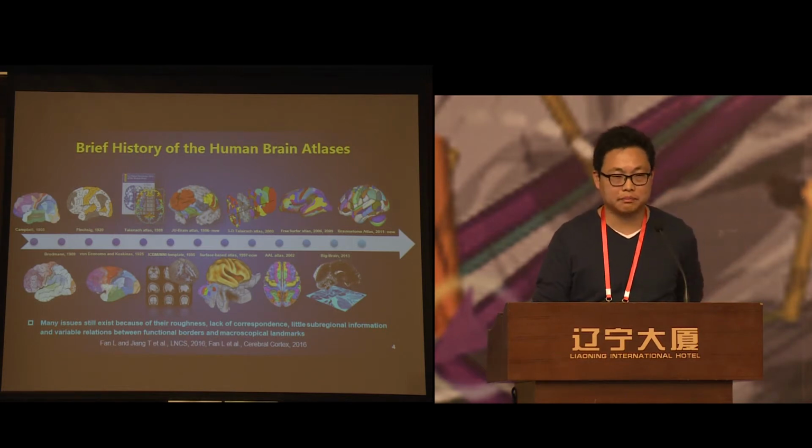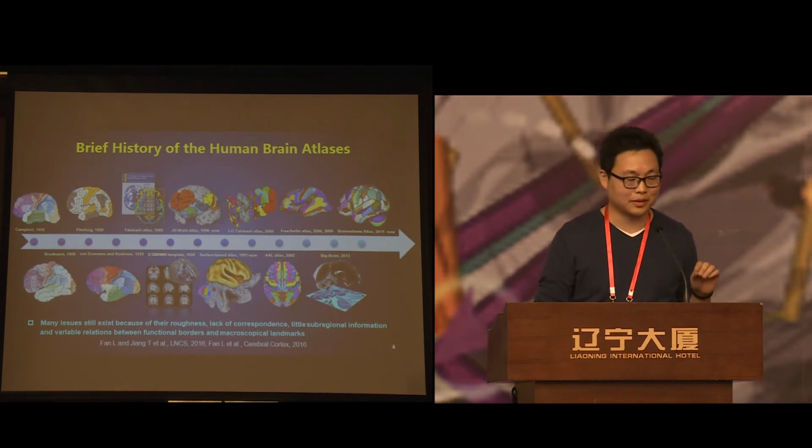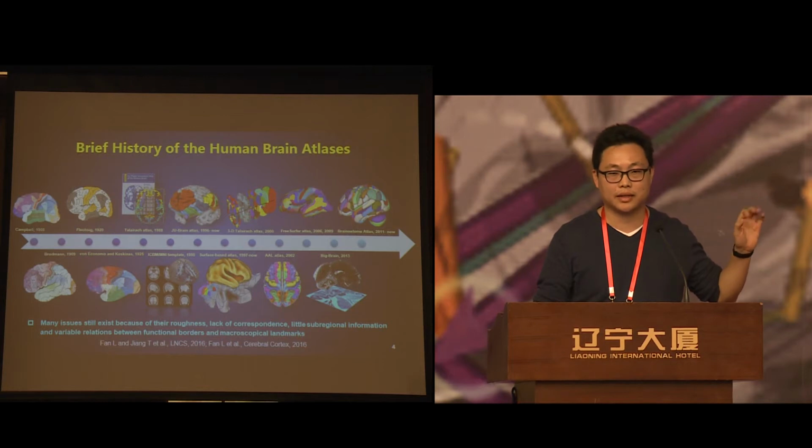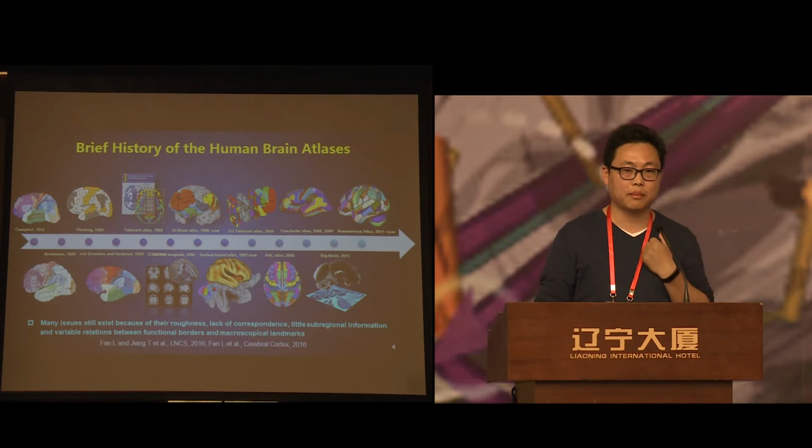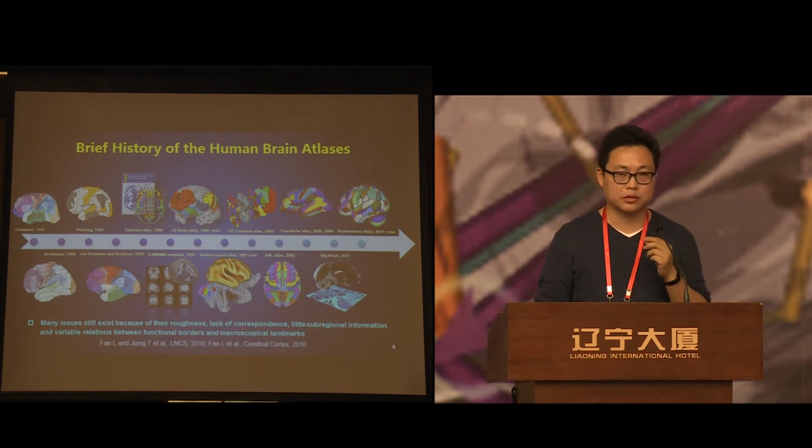Most early atlases of the imaging data are like the FreeSurfer atlas, AAL atlas, Harvard-Oxford atlas. They are just based on the macro-anatomical landmarks, the sulci or gyri, to identify the areas. So the problem is there. There is a weak correspondence between the anatomical sulci and gyri and the function of the brain.